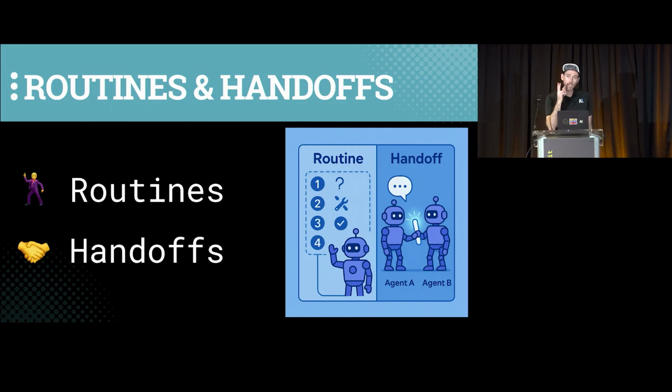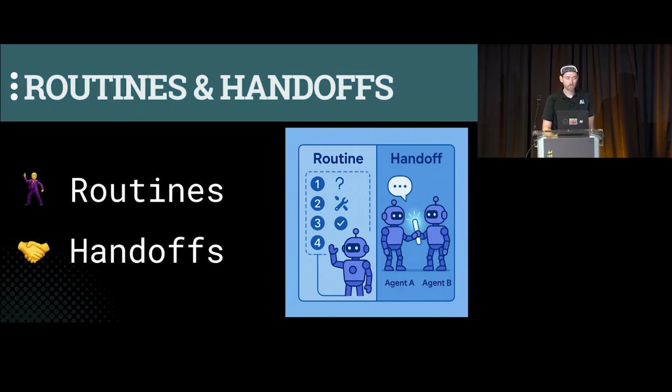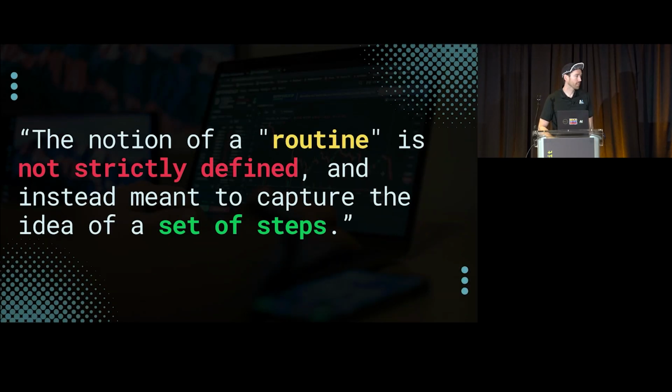There are two ideas in Swarm: routines and handoffs. This is a quote from the initial release blog, when it was kind of being figured out in 2024. We'll actually throw one of these away in just a moment, but stick with me. A routine is just a set of steps. It's not really super well defined.